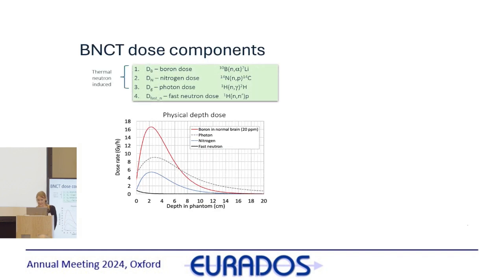In BNCT, dose is a little bit complicated because the thermal neutrons that are needed for the treatment and interact with the boron-10 also interact with the nitrogen in tissue, and there is nitrogen in every tissue. When thermal neutrons are captured by the nitrogen, they produce protons and recoil carbon ions, and those two have a high RBE factor, almost 3.